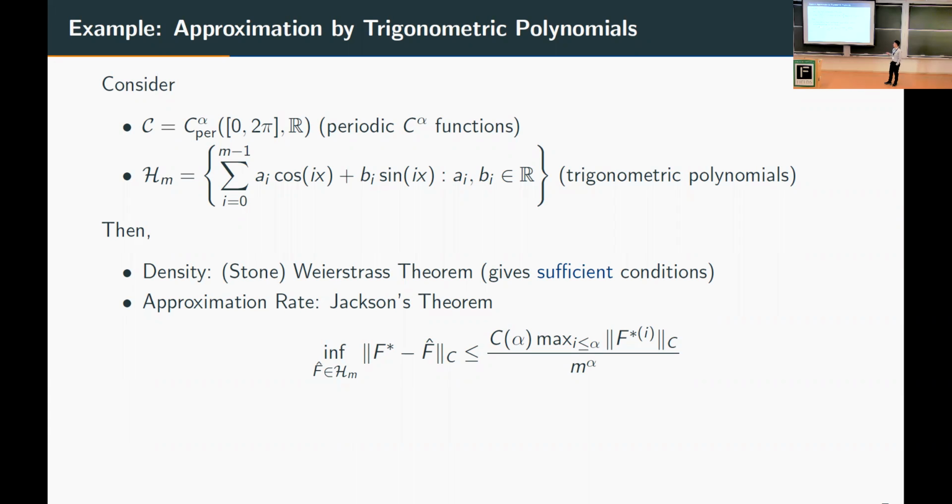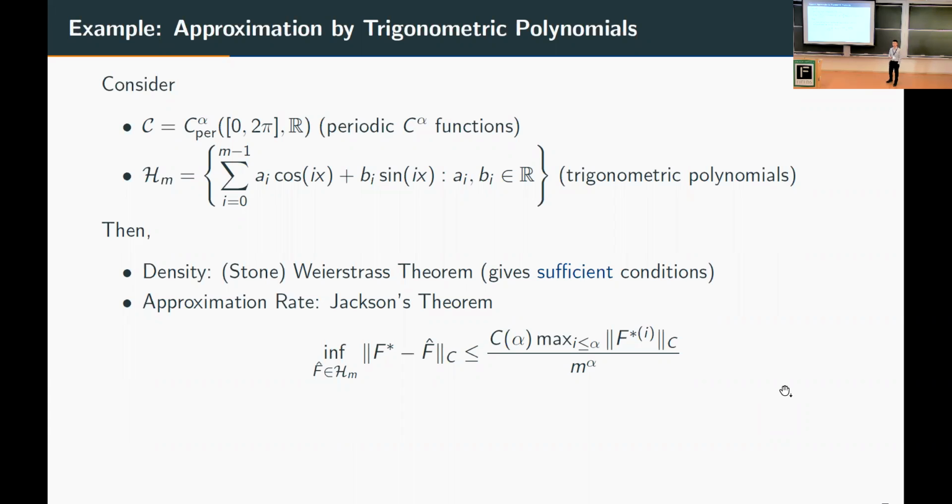And the second result tells you the approximation rates. This is a very classical result due to Jackson. It says that if I limit the order M here, then you can show a bound on the best possible approximation error. You can see that the complexity is measured by what you can think of as a Sobolev norm of f star. So the smoother the target function is, the easier it is to approximate using Fourier series or trigonometric polynomials.